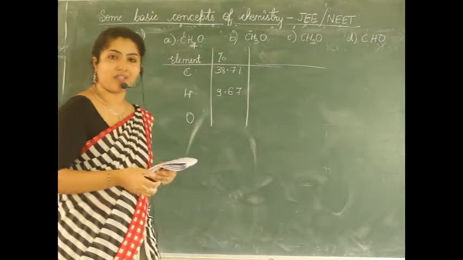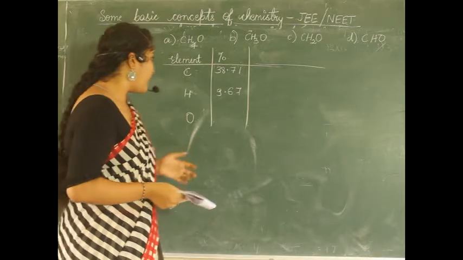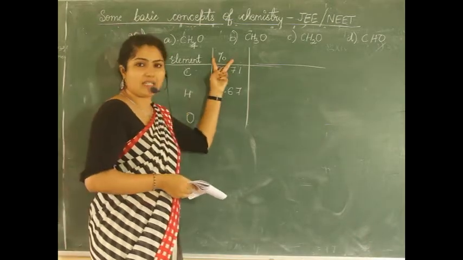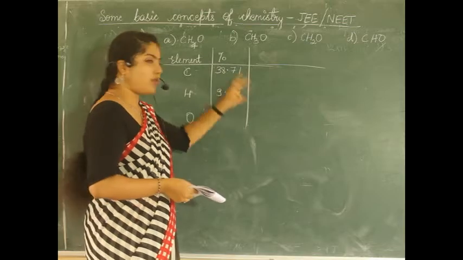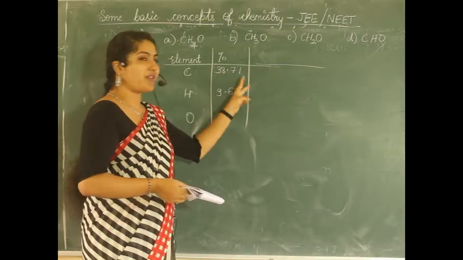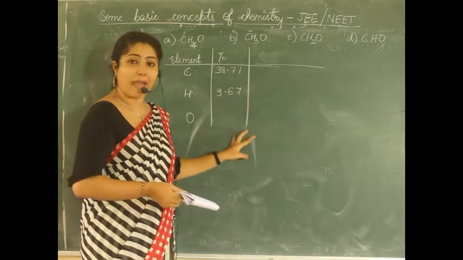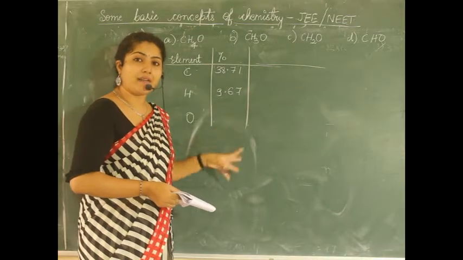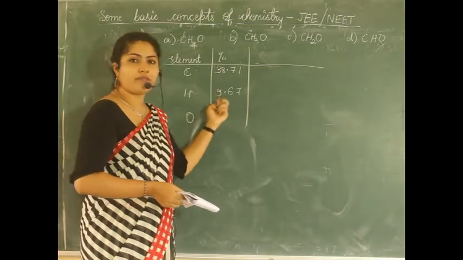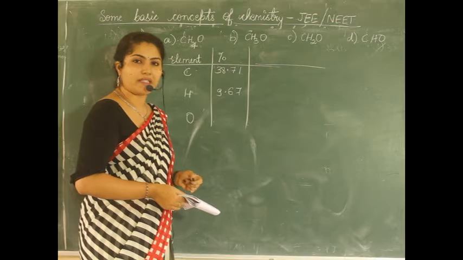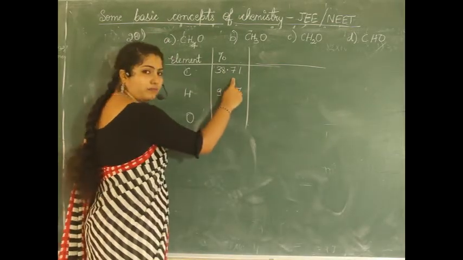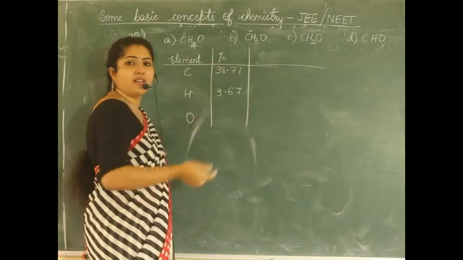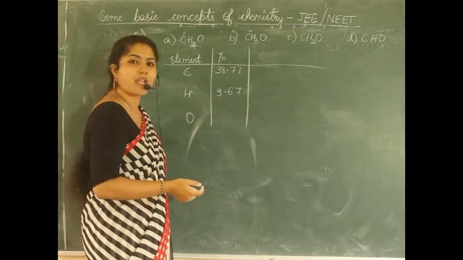It's not mentioned. What does it mean? Every time when the percentage is given, it is by comparing it to 100. So if you convert it into grams, this will be 38.71, 9.67 grams. That means in 100 grams, this many grams of carbon and hydrogen are present. So how do you find that for oxygen? Add these two and then subtract that number from 100.